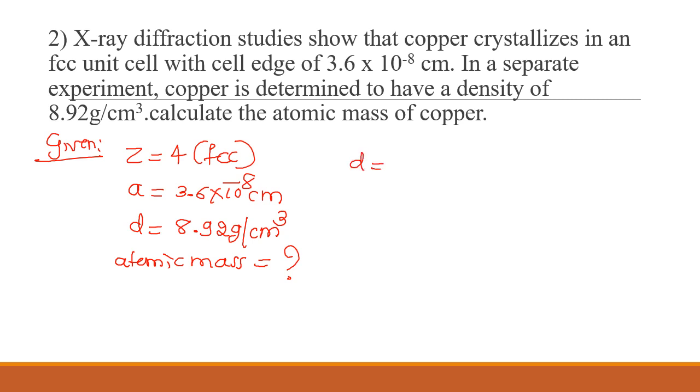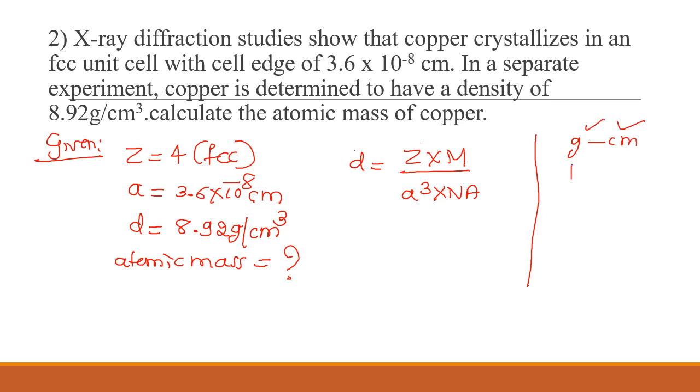Density is equal to Z into M divided by a cube into Na. Now we need to calculate. We have the density value, Z is known, a value is also known, and Avogadro's number is also known. First, just to check the units, see, gram and centimeter. Yes, it matches with one another. What I told, if it is gram, then centimeter. This is fine.